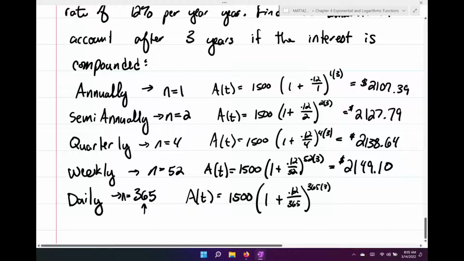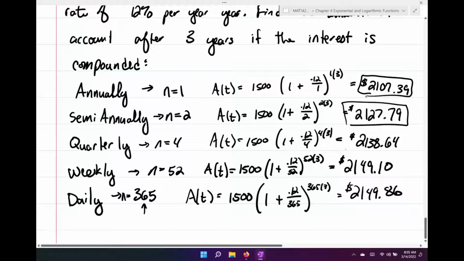You get $2,149.86. All right. So as you can see here, the more times you allow the money to compound, the more money you get, which is a good thing. That's what you would expect. Okay.